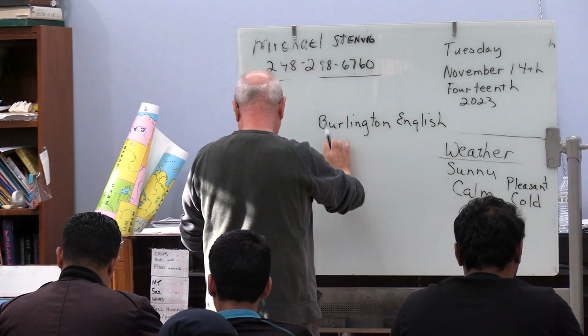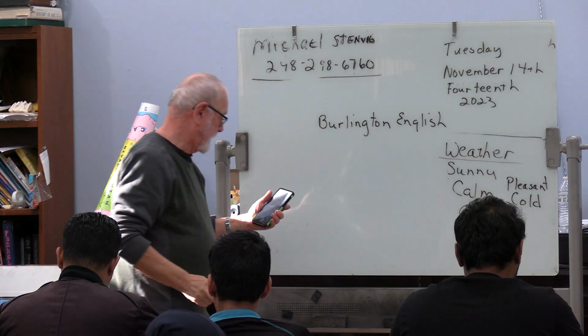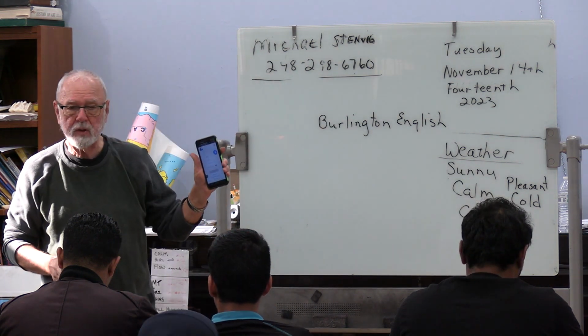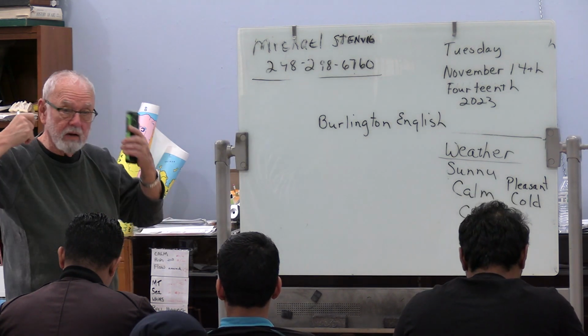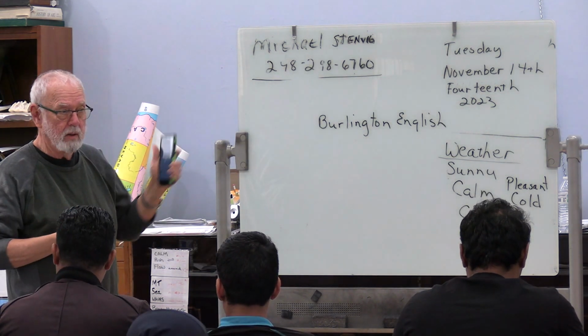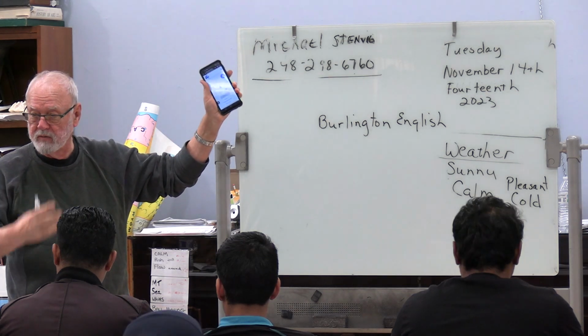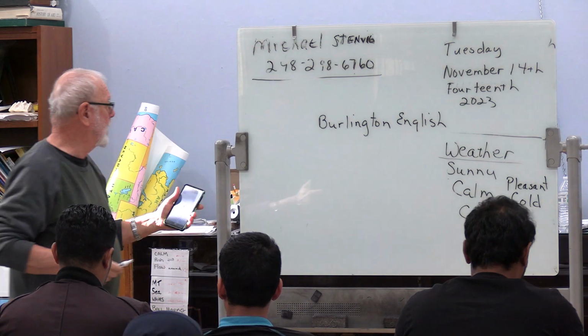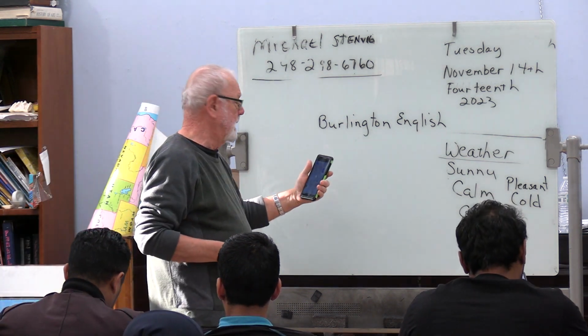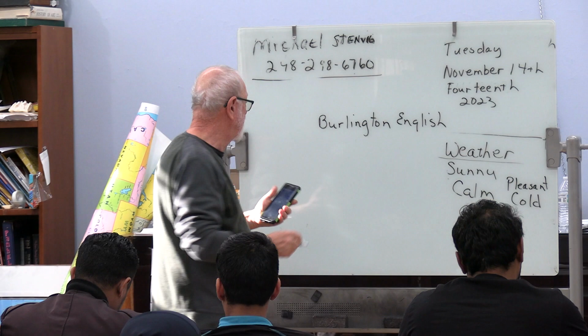It's not YouTube, no. It has a picture of a globe with headphones and a speaker to show you this is interactive. You can talk to it, it will talk to you. Burlington English.